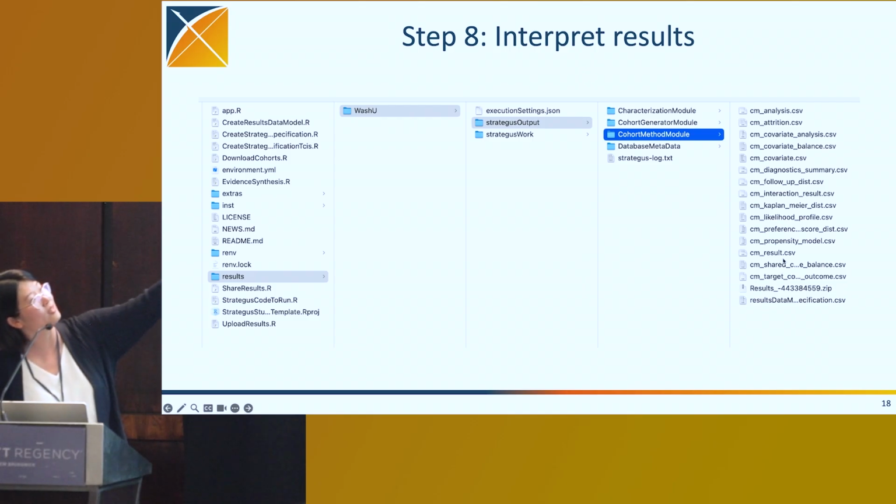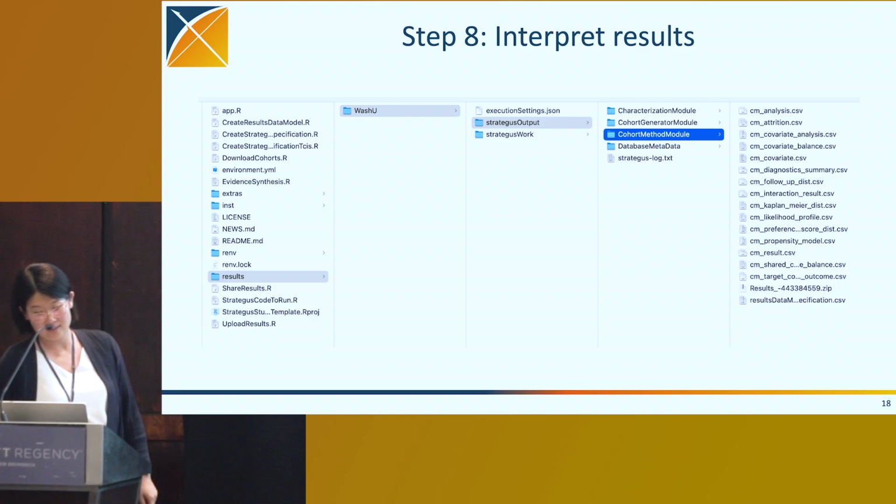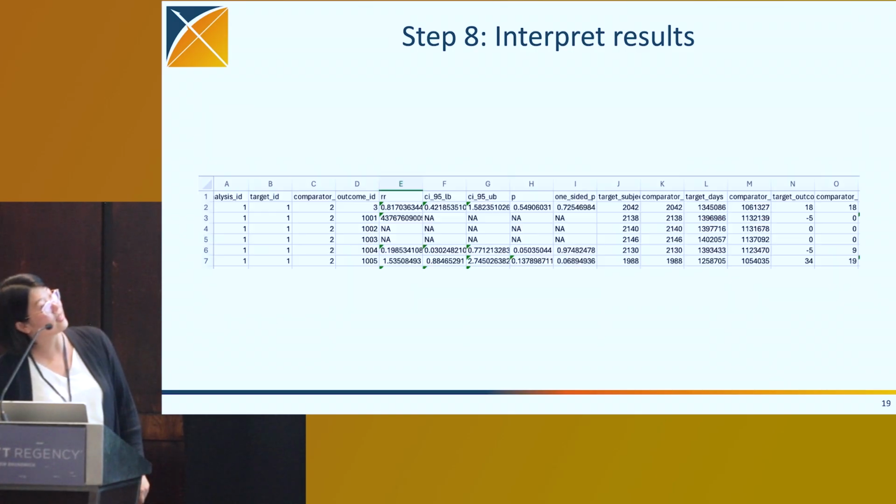That includes the covariate balance, diagnostics summary, and your cohort method results, CM_results. That's the one that has the hazard ratio and confidence interval.